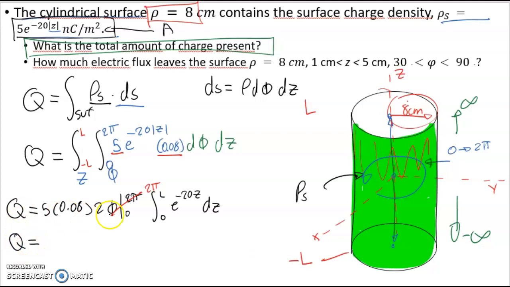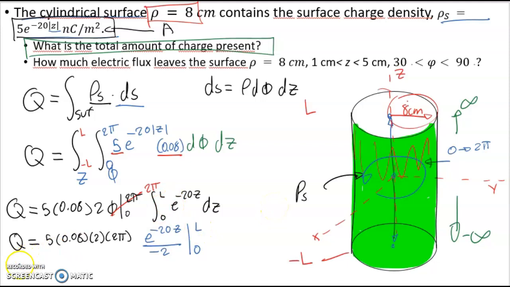Q equals 5 times 0.08 times 2 times 2 pi times the integration of e to the minus 20z. That integration is e to the minus 20z over minus 20, evaluated from 0 to L.